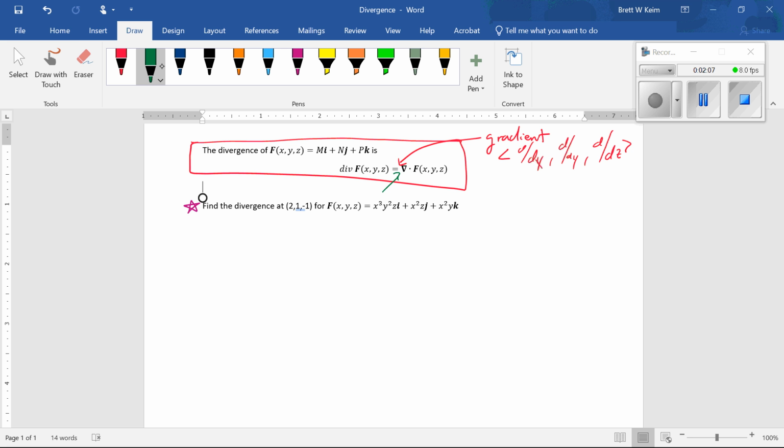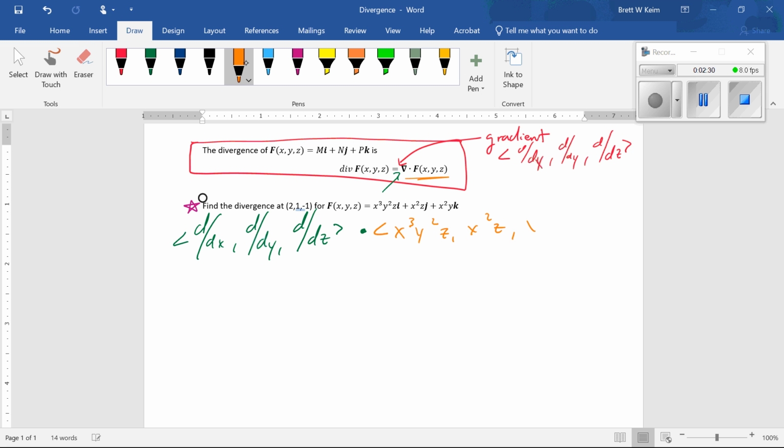So I have my gradient, and it's dotted with the actual vector. The vector, remember, is x cubed y squared z, x squared z, x squared y.